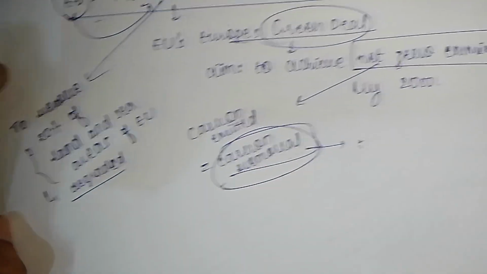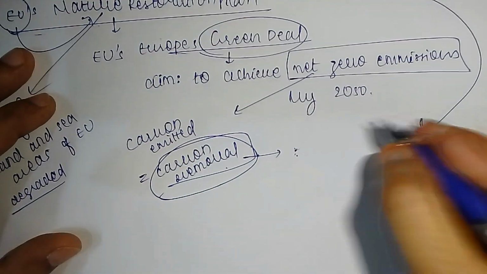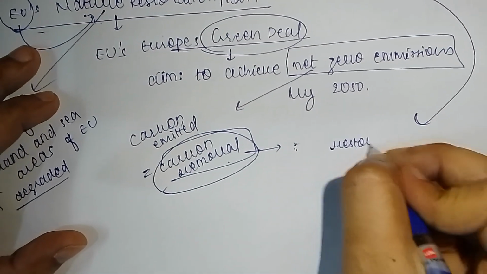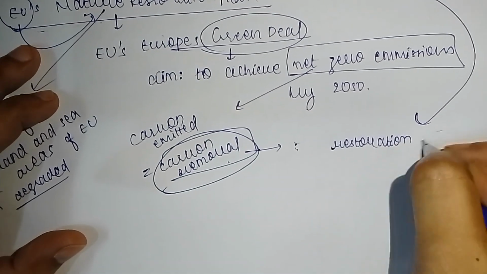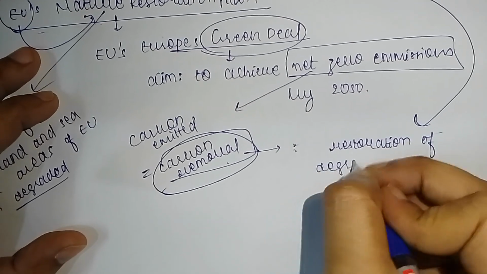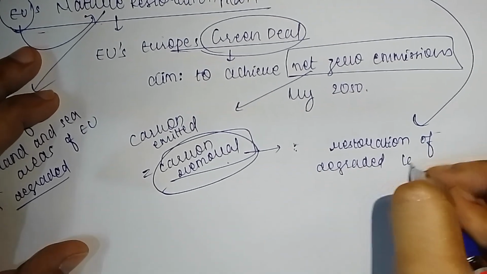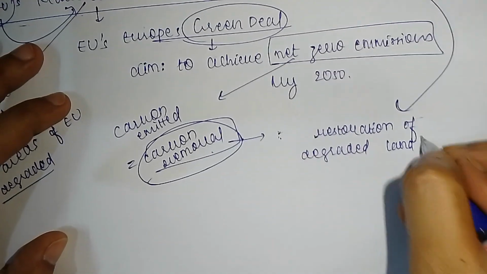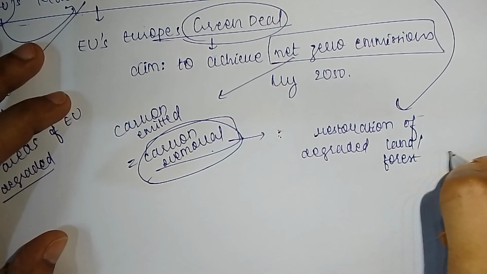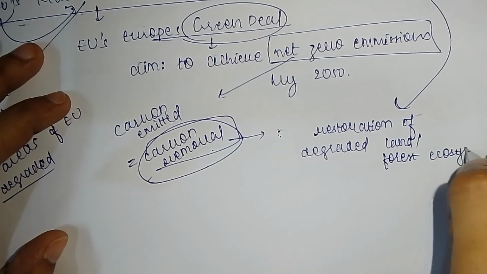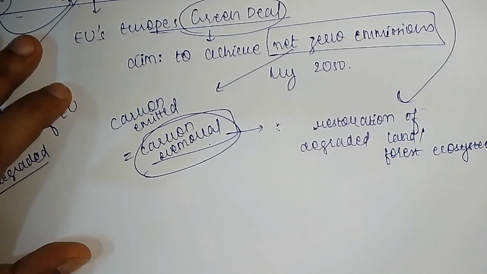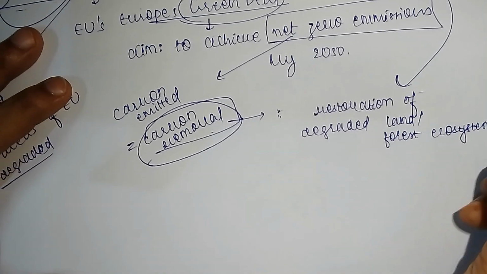So basically it focuses on restoration in general. It focuses on restoration of degraded land, you can say forest ecosystems, restoration of degraded land and sea areas.